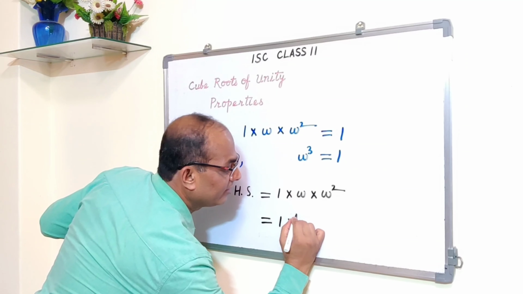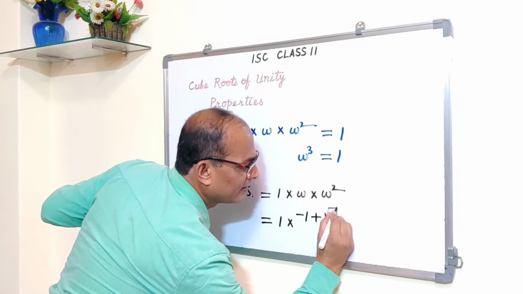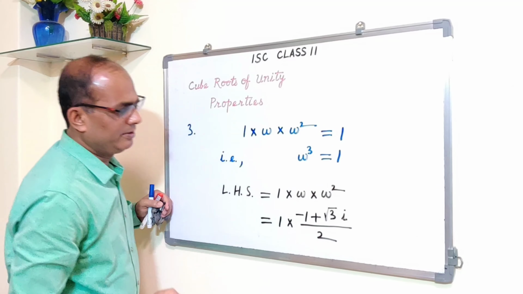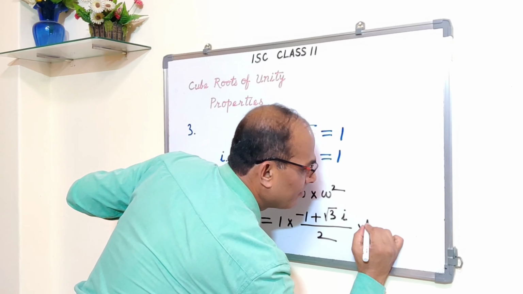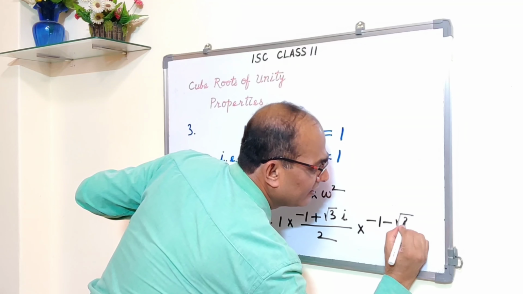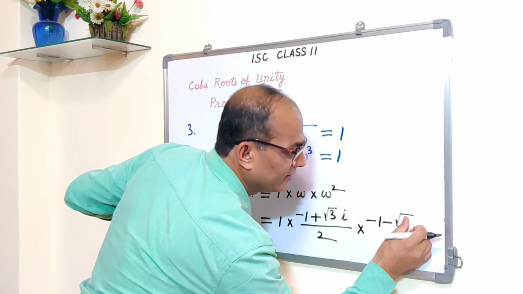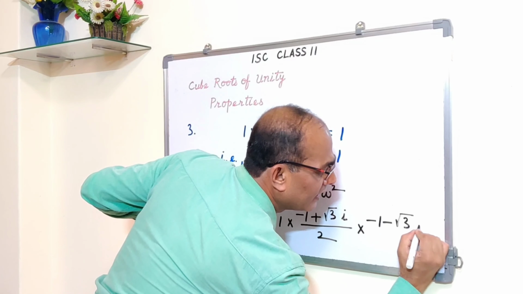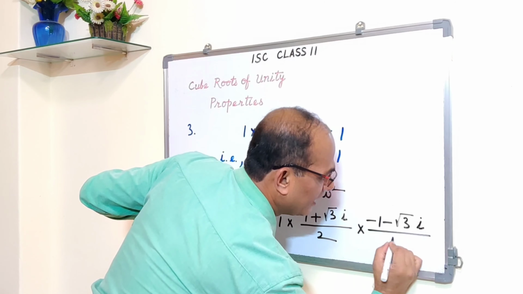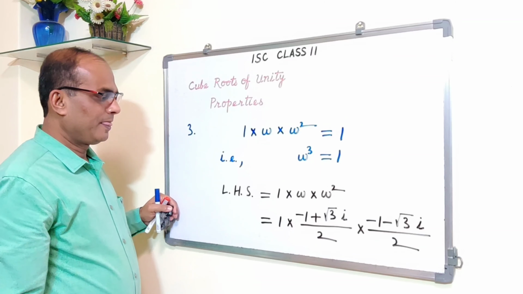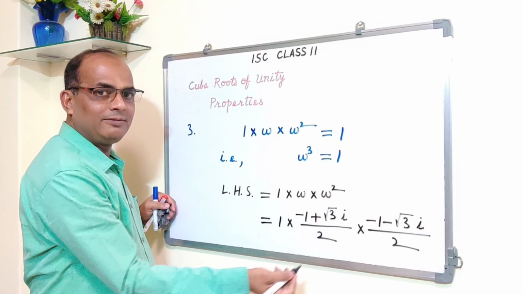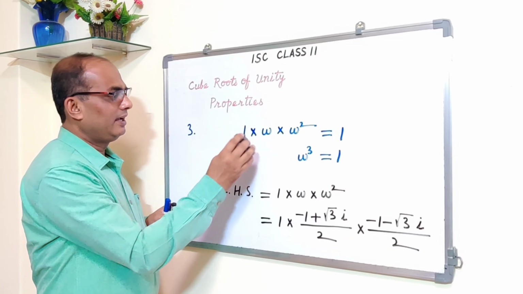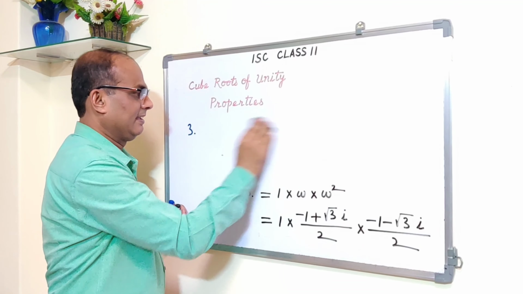So 1 into minus 1 plus root 3i whole divided by 2, and into minus 1 minus root 3i. This is the other root, the second root. There are two complex cube roots of unity. Fine. Now 1 we will not write down because multiplication, no. So 1 is not going to make any difference when we multiply. Can I rub this? Yes.